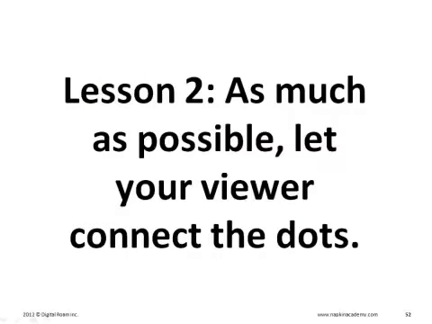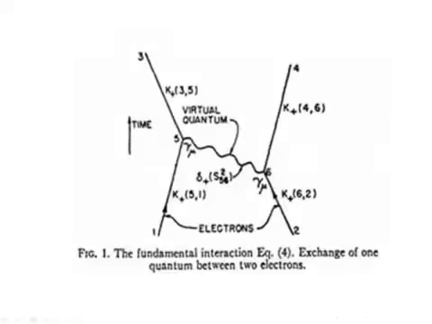Lesson 2, as much as possible when we build a flowchart, let your viewer connect the dots. I thought that a great example here would be some of the most well-respected flowcharts ever created. These are Feynman Diagrams, frequently cited.